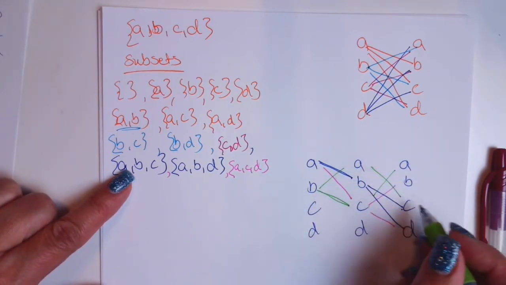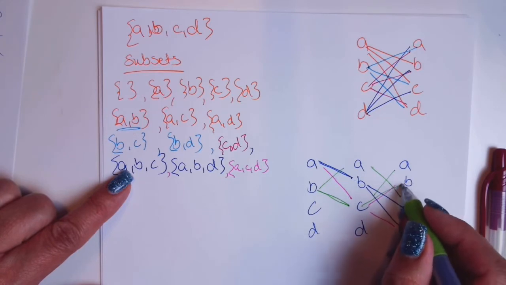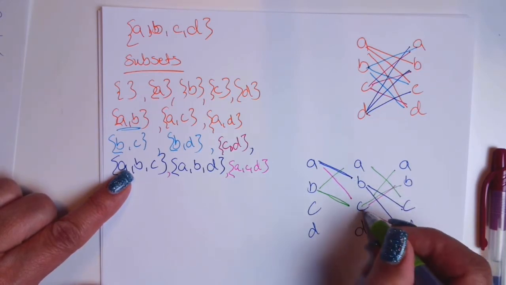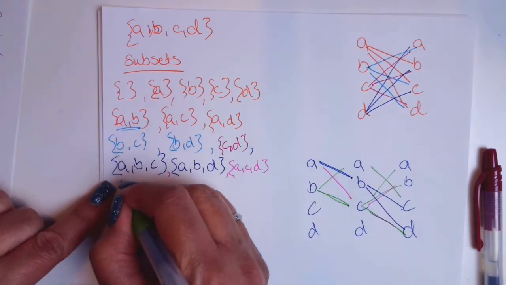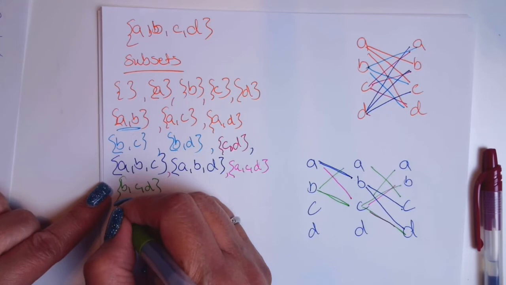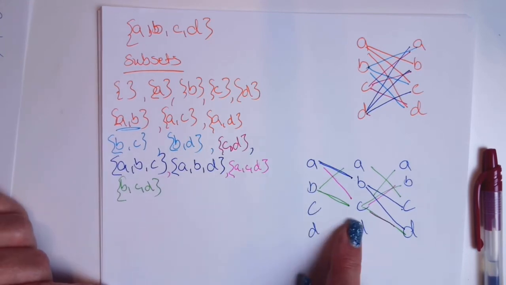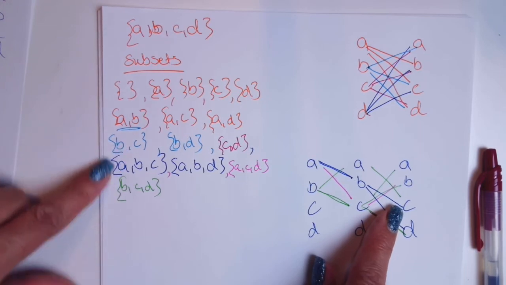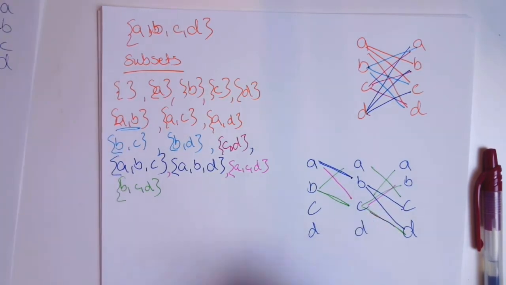B, C, C, no, not B. B, C, C, D is the one that we're missing. B, C, D. Okay, all these others with C and D we have used already in here. Double check and make sure, but this is how we're going to leave it.